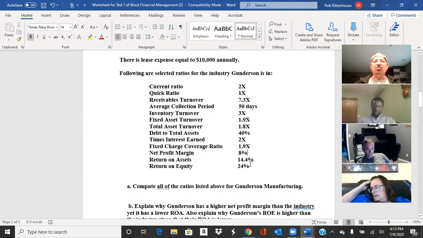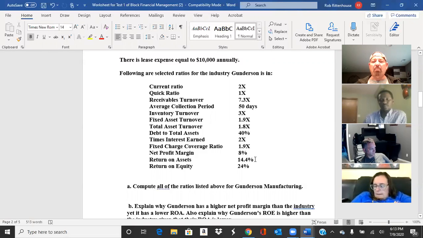Yeah. So in other words, remember, assets equal liabilities plus stockholders' equity. So the debt to asset ratio has an impact on the return on equity. Remember, the DuPont formula says you can take the return on assets and divide that by 1 minus the debt to equity ratio to get your return on equity.